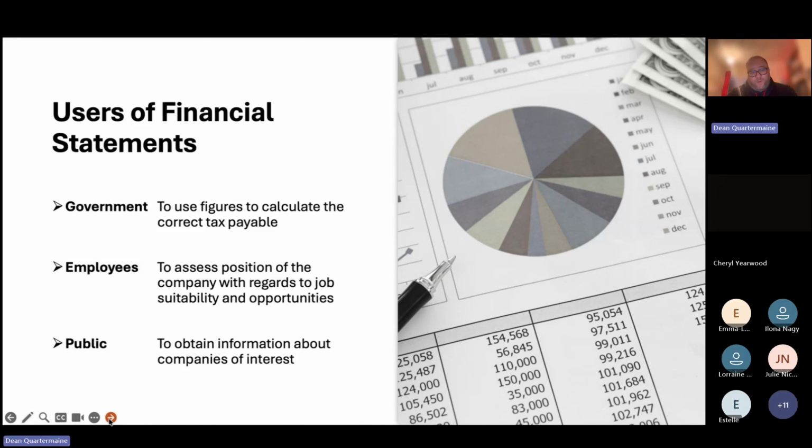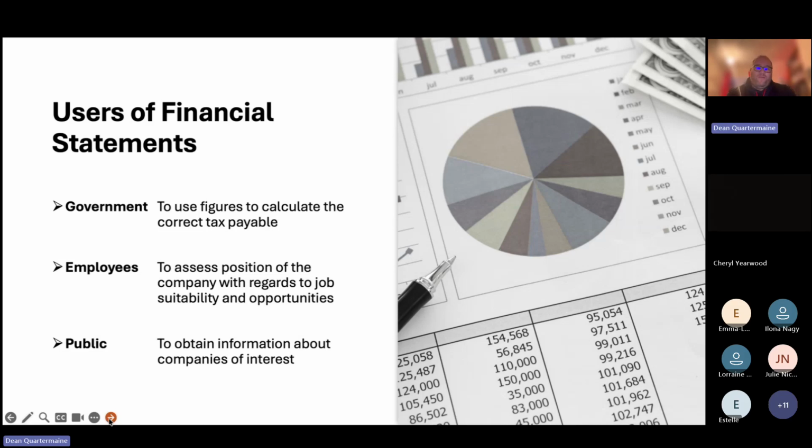Employees, so as an employee of a limited company, you might look at the financial statements to assess the position of the company with regards to suitability for a job. So if you're looking for a new opportunity, a new job, you might look at the financial statements to understand, well, what's the financial health of the business and is it something that you want to get involved with or not.